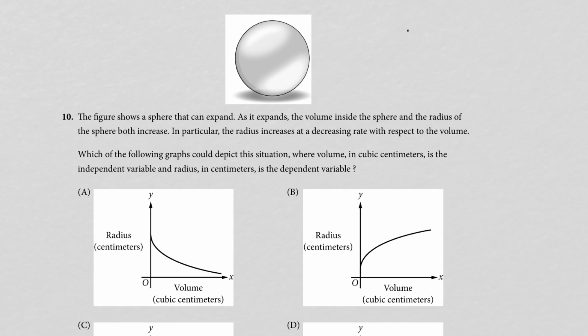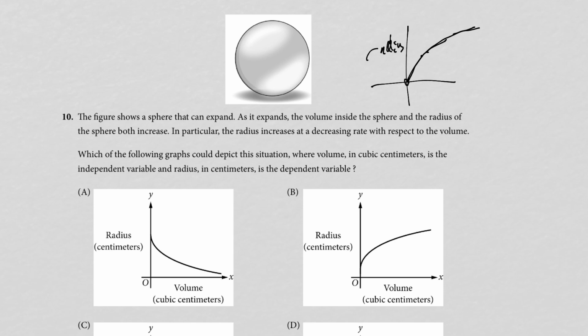So what they're saying is that the radius starts at 0 and it goes up, but it increases at a decreasing rate. It means it kind of goes like that. That's what happens to the radius. Now, got to make sure that's what they're asking about here. Which could depict the volume.